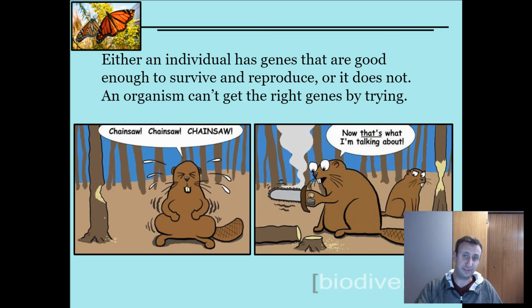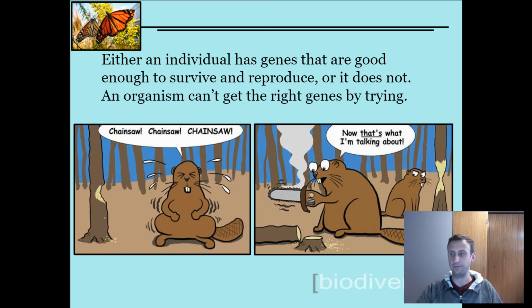If it doesn't have them, it dies and doesn't pass on its genes. Nature is cruel. You've probably heard the idea of survival of the fittest, and that's what this is: things that are adapted to their environment survive, things that aren't, don't.